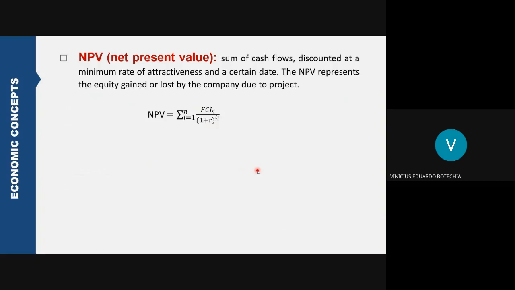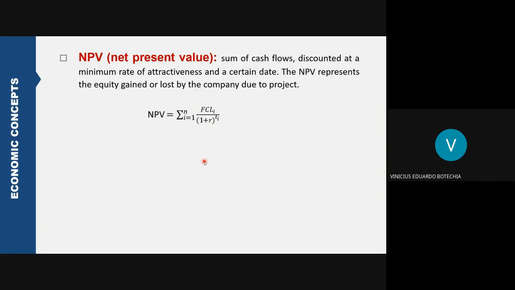You are calculating all my financial return and bringing it to my present time, not necessarily today, but to the date that I choose, right? Basically, you can say that it's the expected profit of the project.